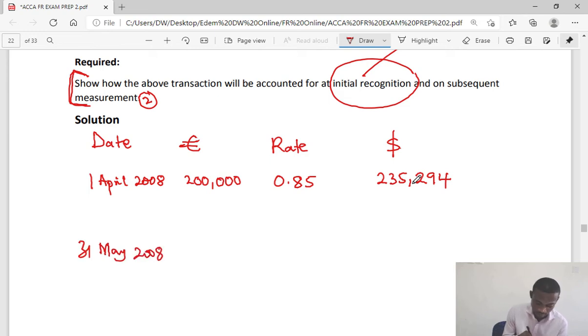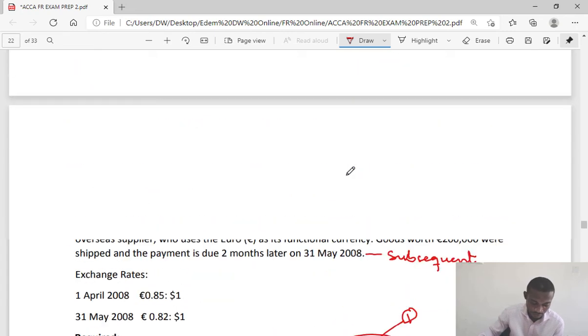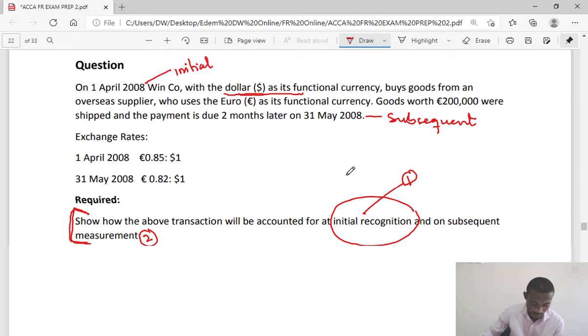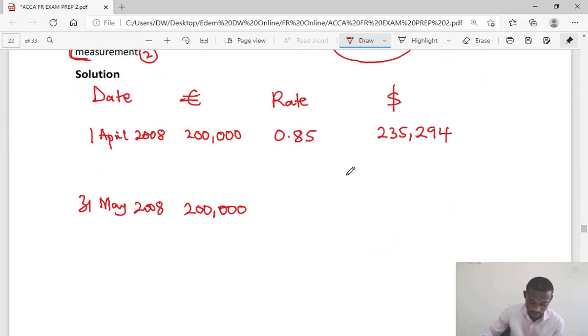And the amount to be paid will be 200,000, the full amount. And we take the rate on that date. So the spot rate on that date is given as 0.82. So we use that to translate.